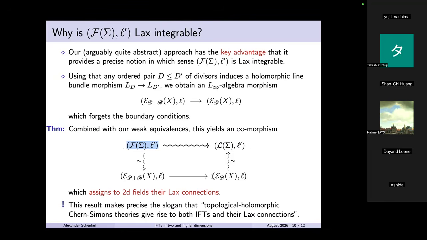If you don't go through that machine of 4D, of higher dimensional Chern-Simons, you would have to guess how this map works. And then I think one is back at the traditional approach to integrability, where you have a field theory, you know what you mean by Lax connection, and you try to guess a map, how to assign to fields Lax connections. The advantage of this gauge theoretic approach is that there's no guess. It's basic homotopy theory and this observation that different divisor conditionings have different features.